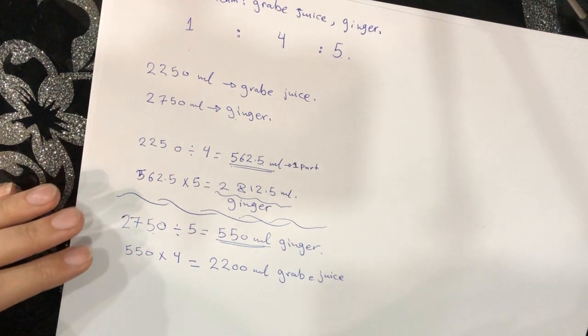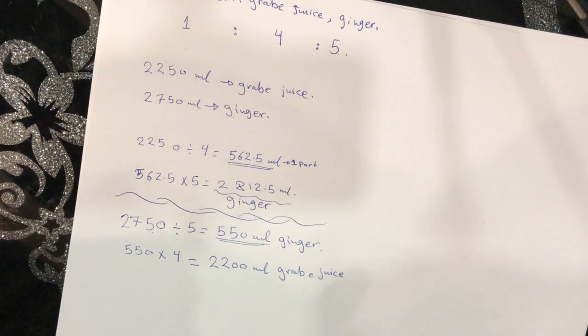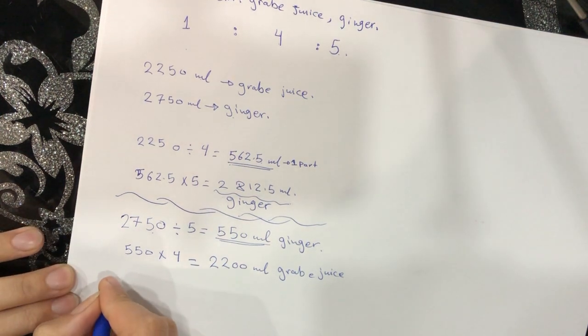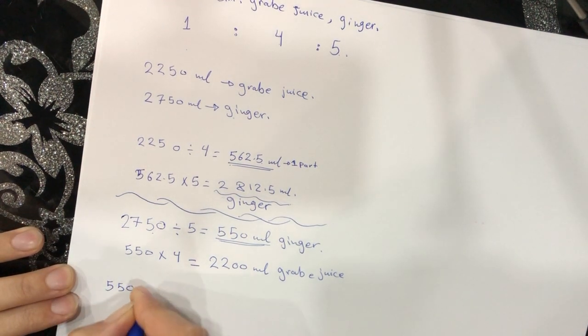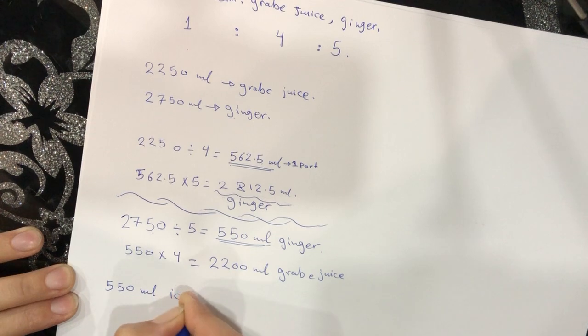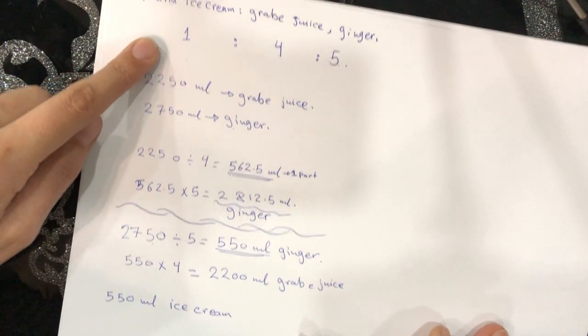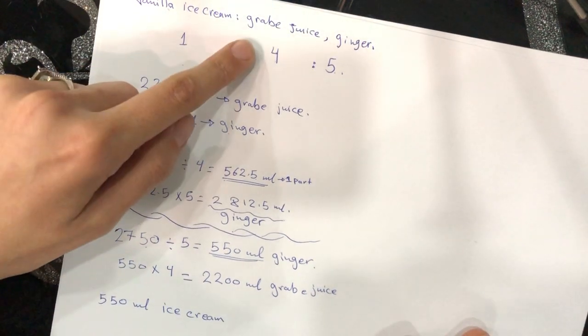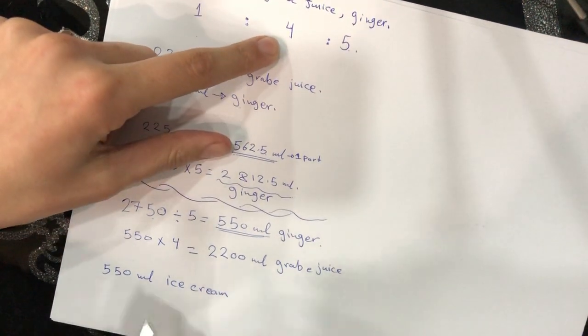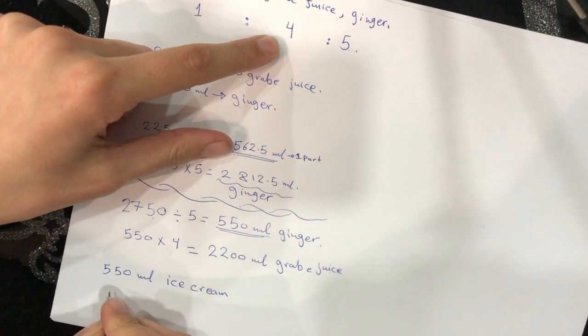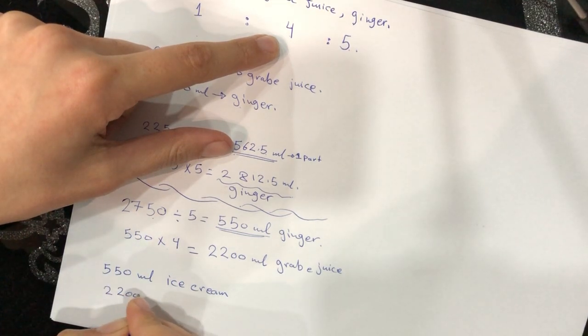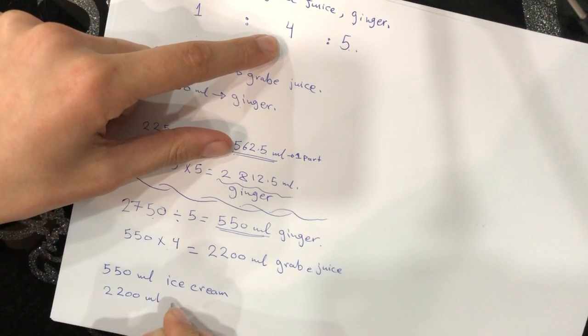So our new amounts that she used from each ingredient are 550 milliliters of vanilla ice cream, because the ratio for the ice cream is 1. Now the ratio for the grape juice is 4, so 4 times 550 is 2,200 milliliters of grape juice.